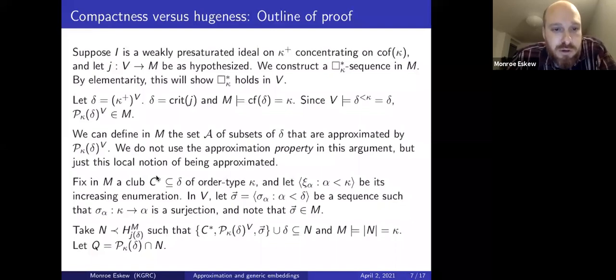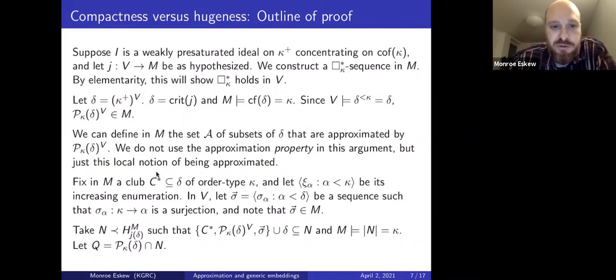So in M, we can use this set to define this sort of local instance of approximation. Let's just say script A is the set of all subsets of delta that are approximated by P kappa delta of V. Now, for this argument, I just want to emphasize that we're not going to use anything about the approximation property holding between two models.